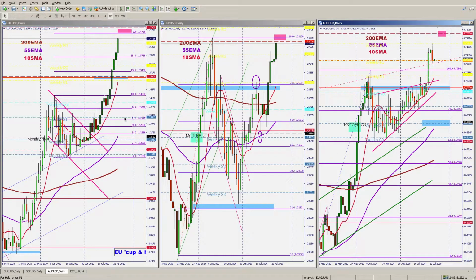This is the weekly analysis for the Euro, the cable, and the Aussie dollar for the 5th week of July. You can see for all the major pairs, they're doing better at the expense of the US dollar.